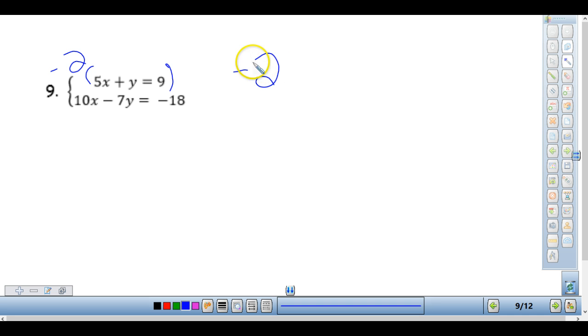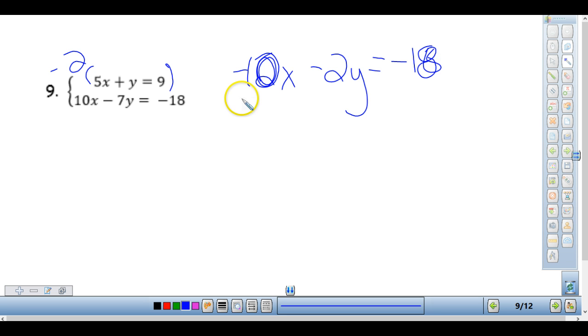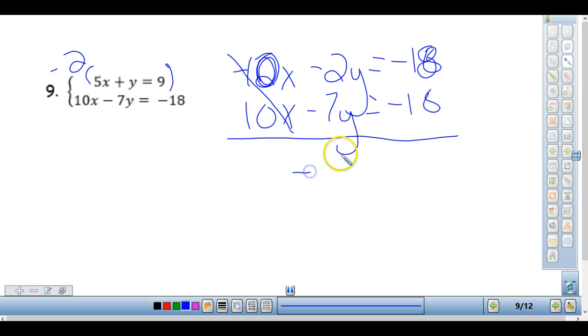So negative 10x minus 2y equals -18. And then we've got 10x minus 7y equals -18. Our x's cancel. We have -9y equals -36.